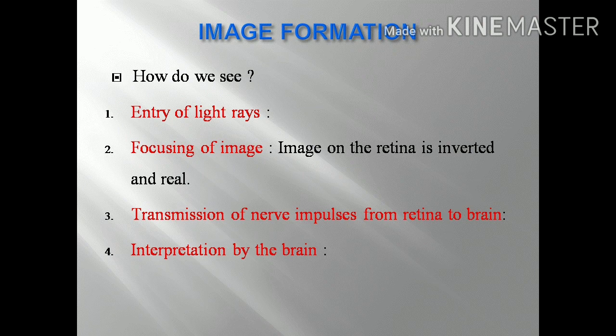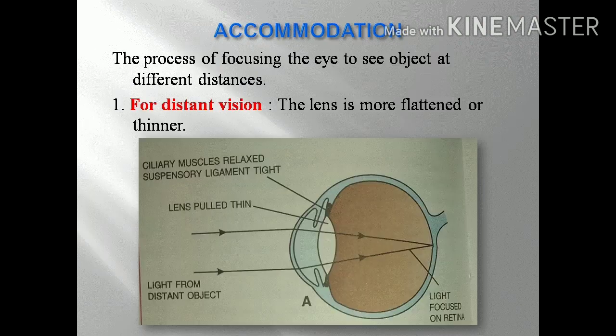So this is the interpretation of the brain. For example, we see objects upright even if the image formed in the eye is inverted. I already said that in the retina an inverted image forms, and the brain interprets it to give us an upright image.